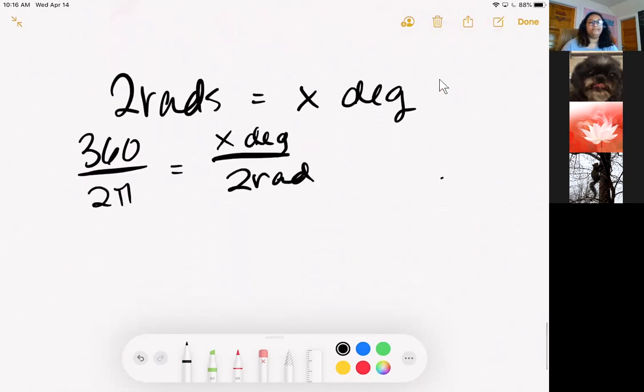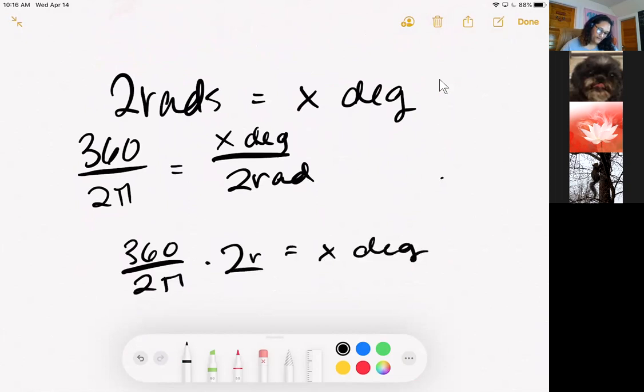Now what? How do I solve for x algebraically? 360 over 2 pi times 2 radians. So then our 2's will cancel out and we're left with 360 over pi equals x degrees.